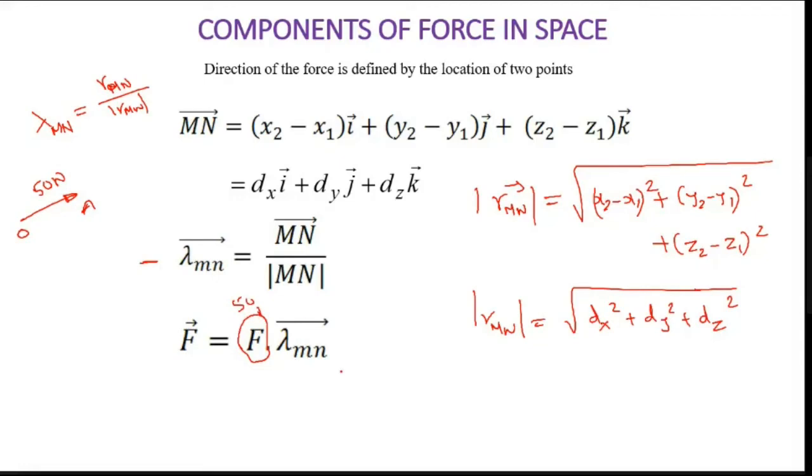So 50 into your lambda will give you your force vector. This force vector will be in terms of I, J and K. Whatever term in I is Fx, whatever term in J is Fy, and whatever term in K is Fz.